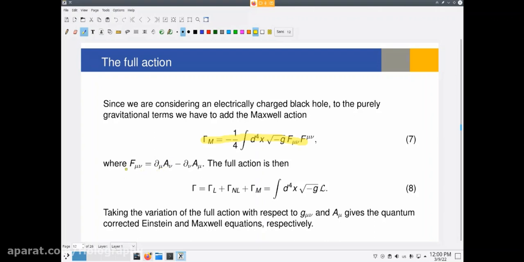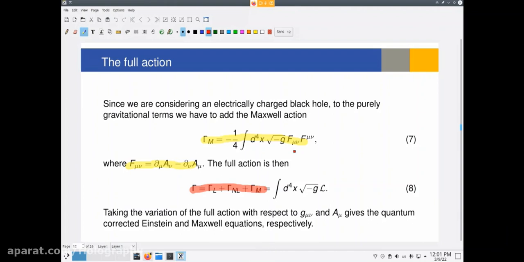F_{μν} is equal to ∂_μ A_ν minus ∂_ν A_μ. The full action is then the sum of the local gravitational action, plus the non-local action, plus the Maxwell action.